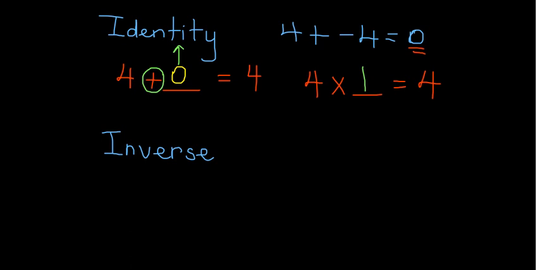Alright? So whenever you talk about identity, there are two identities that we need to know about in arithmetic. The identity under addition, which is 0, and this guy over here, who is the identity but under the operation of multiplication. Alright? So if I ask you all, what is the identity under addition?